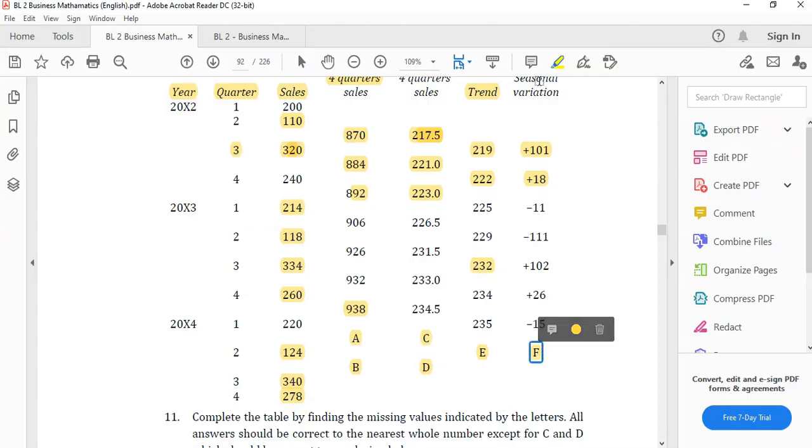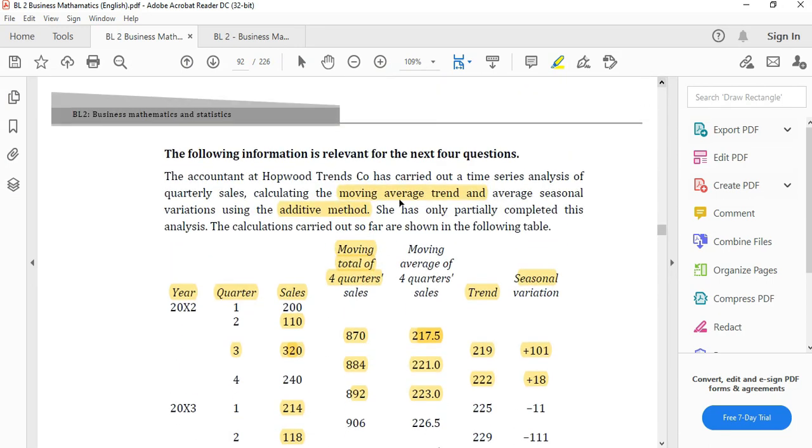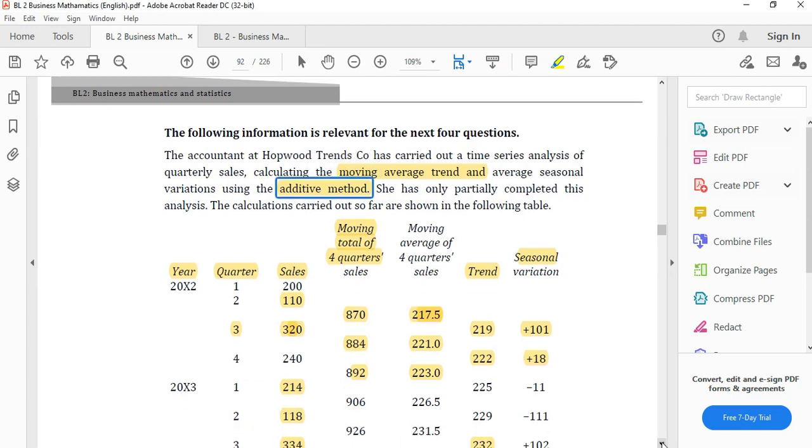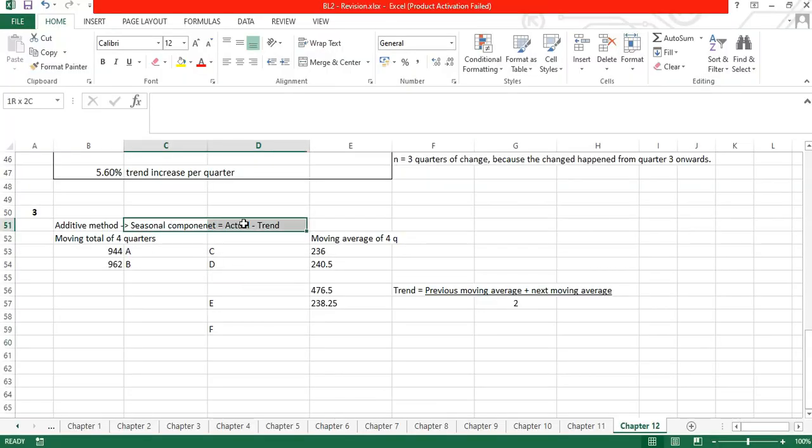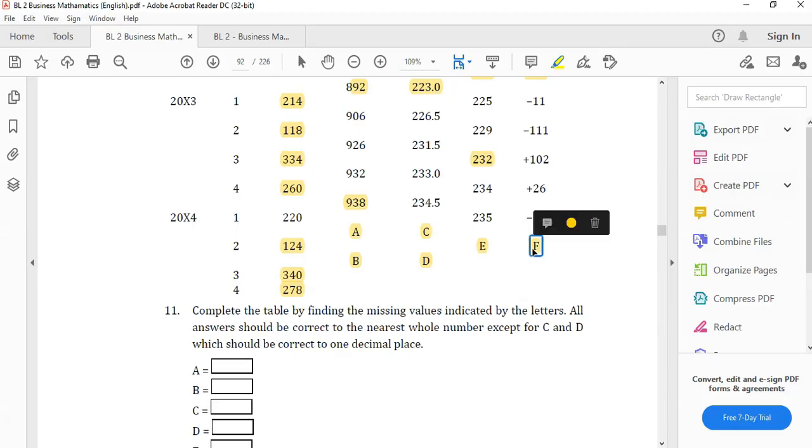Alright, then what is F? F is the seasonal variation, in this case calculated using the additive model. So additive model, we know what's the equation for seasonal component? Actual minus the trend. What is the actual next to F? This 124 because they are all in the same row. Can you see? Then what is the trend of F?